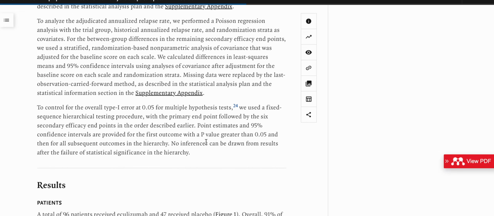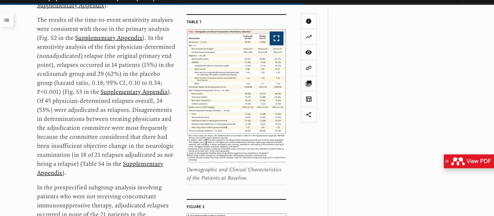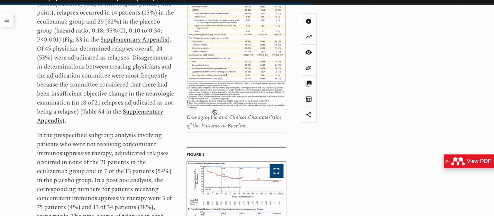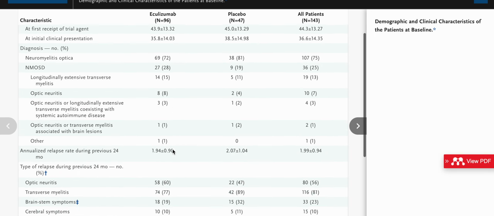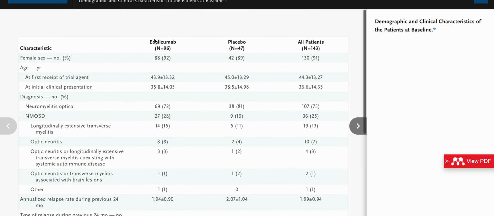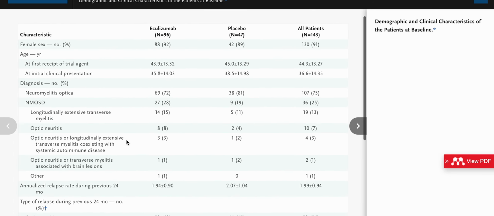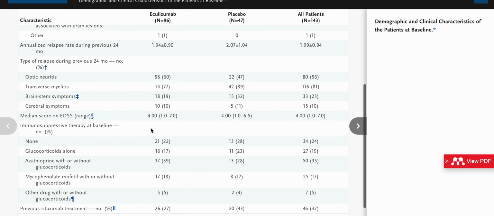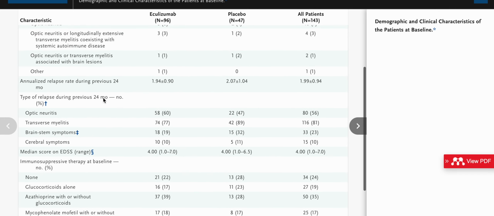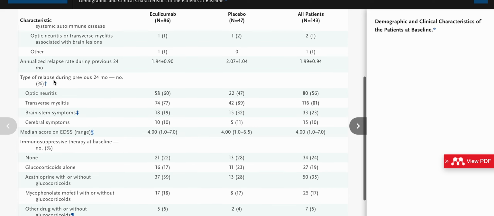So in here we would be seeing the results. In results for baseline, we have got this table over here, right? In this table we can see there is a comparison between both of the groups, eculizumab and placebo. So they have included types of relapses, right?